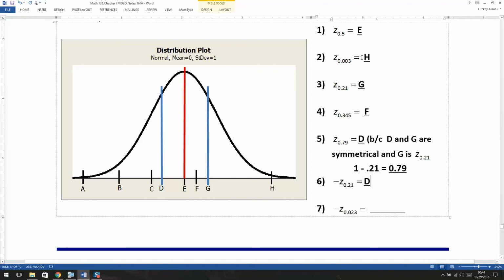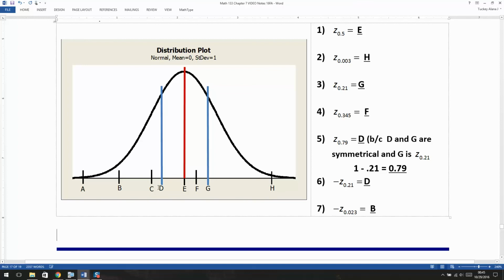It's got to be smaller than H. So for 0.023, I have to be bigger than H. I have to be farther over. And the answer is going to be letter B. I'm farther over with B, but not too far. C is too close to 1 standard deviation away. There's no way it's C, because C is more like 17% of the curve shaded. If letter D has 21% shaded to the left, then letter C is going to be something like 15%, somewhere around there.